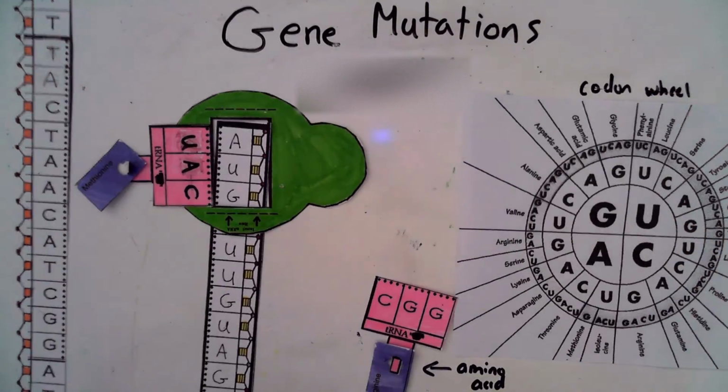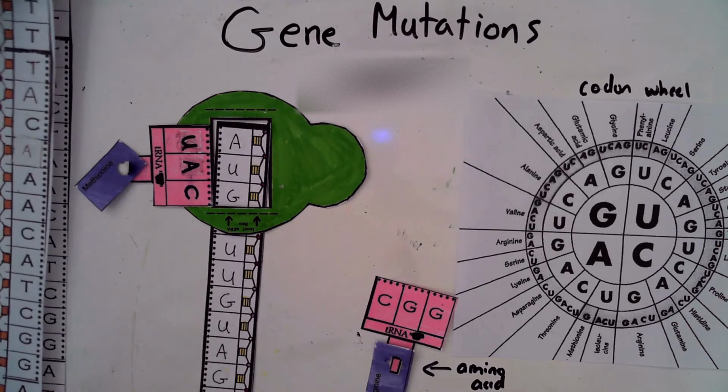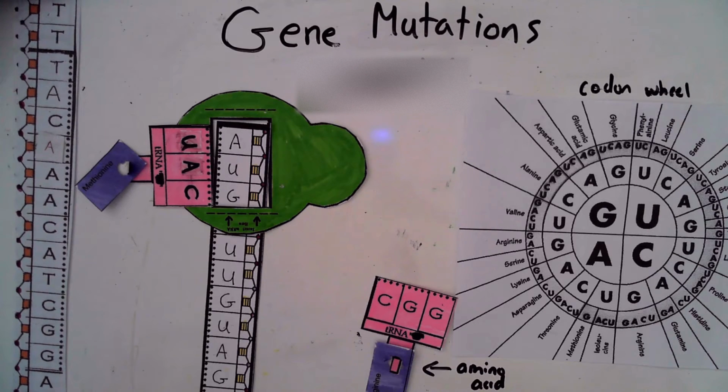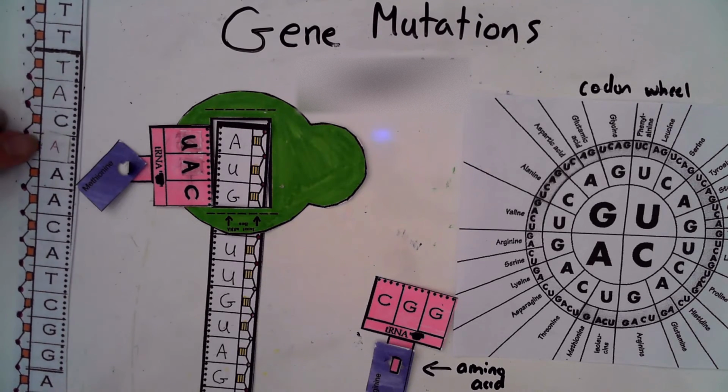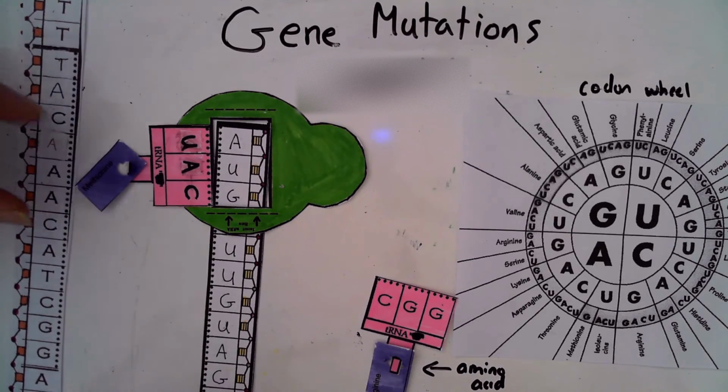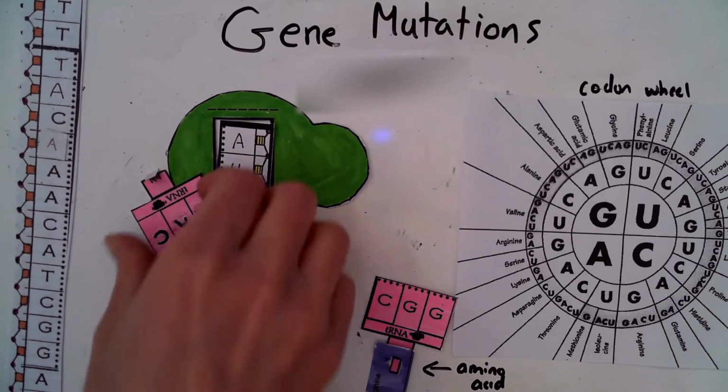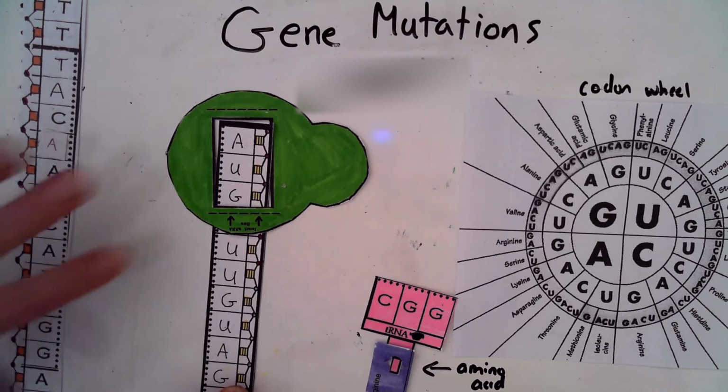If we were to mutate our DNA, and let's say that first thymine had a mutation, and instead of a thymine we had an adenine in that 4th spot within our gene, well, that could change things significantly.